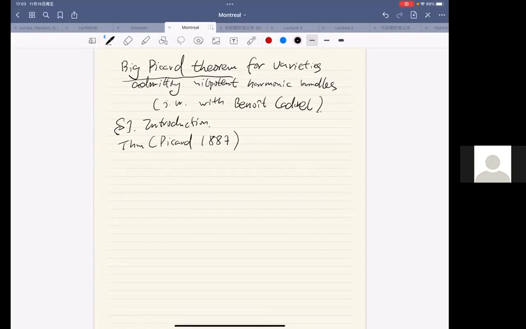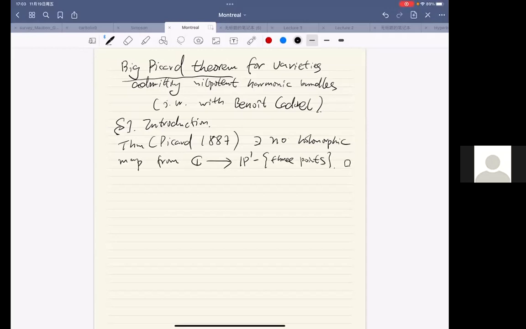It says that there exists no non-constant holomorphic map from the complex plane C to P1 minus 3 points. Okay, so this is the little Picard theorem.